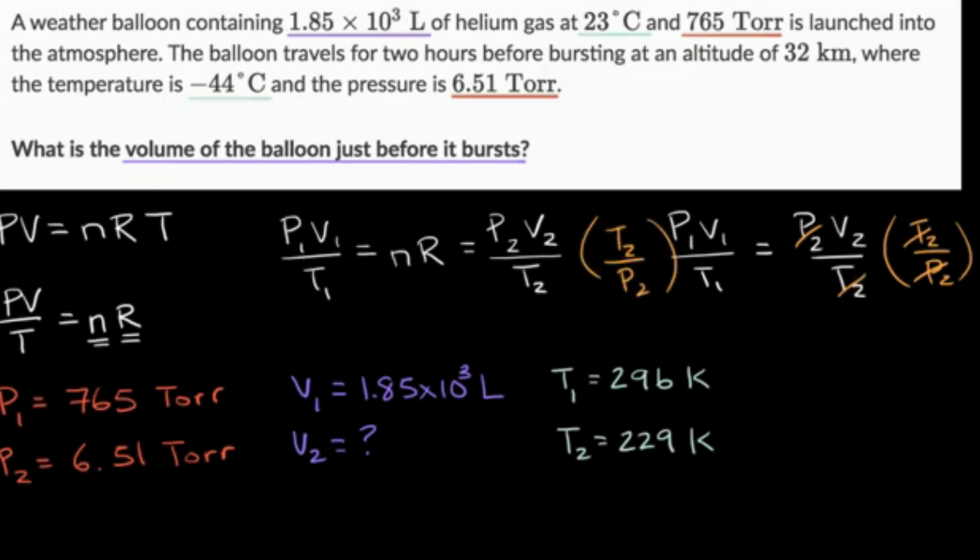I am going to get, and I'll now color code it, that T2 times P1 times V1 over P2 times T1 is equal to V2. So we just have to calculate this right now.